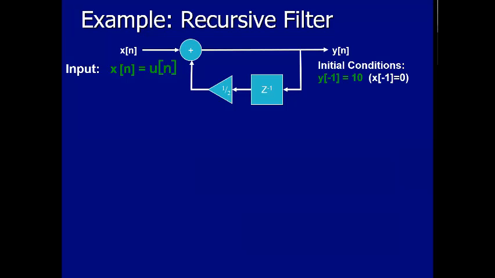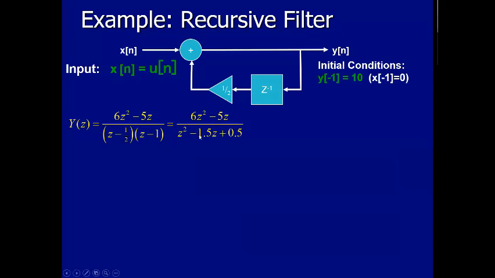For our recursive filter with a unit step input and initial condition of minus 10, we derived this Z transform for the total response of the system that included zero input and zero state response, and ultimately came up with this y of n, the total output response in the time domain.